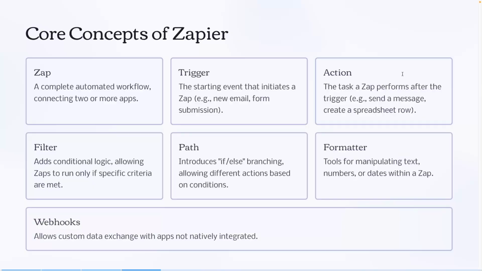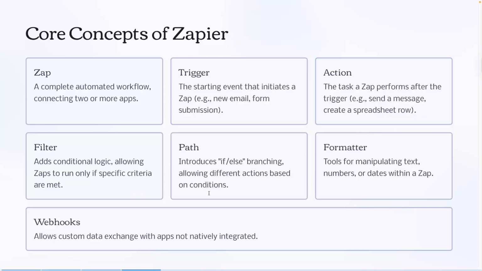So like I said, core concepts of Zapier: a Zap is your automated workflow. Trigger is what starts the flow, so it is a new email, form submission, etc. Action is what happens next after the trigger, the tasks that are performed after the workflow is triggered, so send a message, create a spreadsheet, etc. Okay, these we haven't seen.